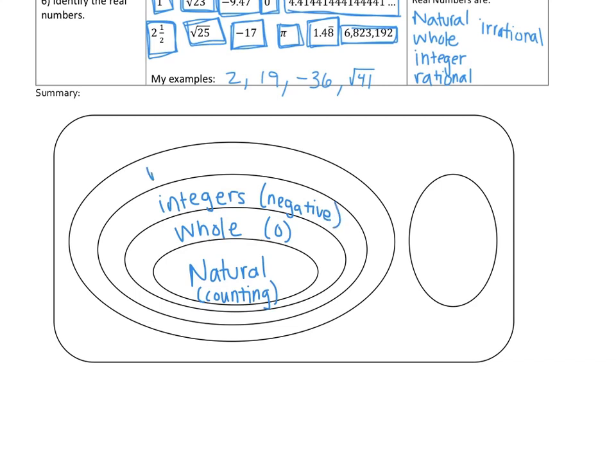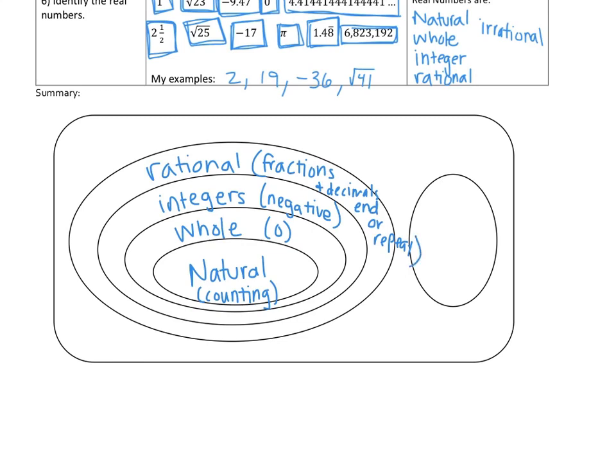Then we have rational numbers. So if you know you have a rational number, you can say it's also an integer, it's also a whole number, it's also a natural. And rational are fractions and decimals that end or repeat. Try and fit that in, sorry.